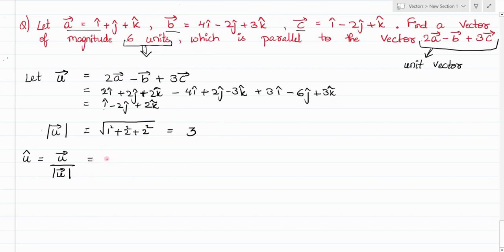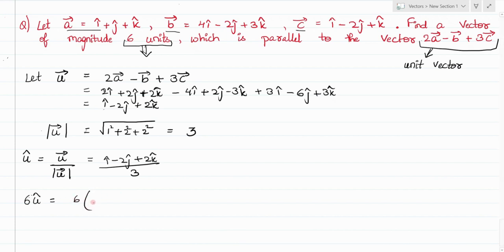Now, you will get it as u cap, that is i cap minus 2j cap plus 2k cap divided by its magnitude, that is 3. Here we want the vector which has magnitude of 6 units. So we need to multiply this direction vector with 6.